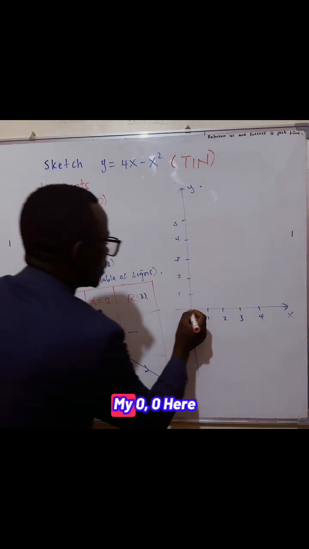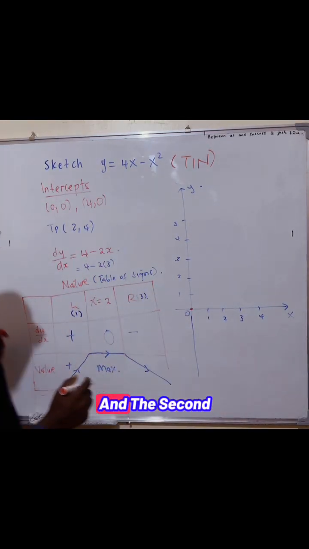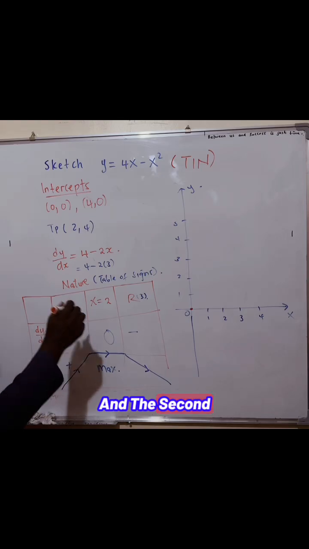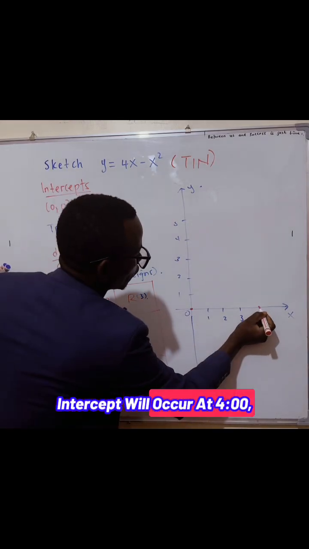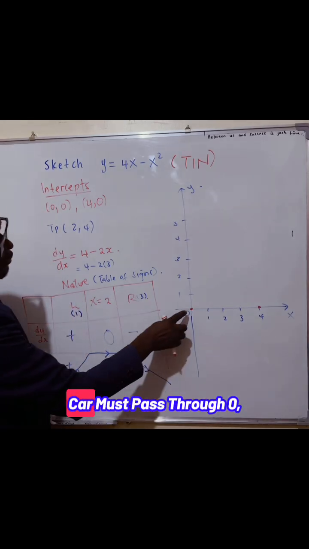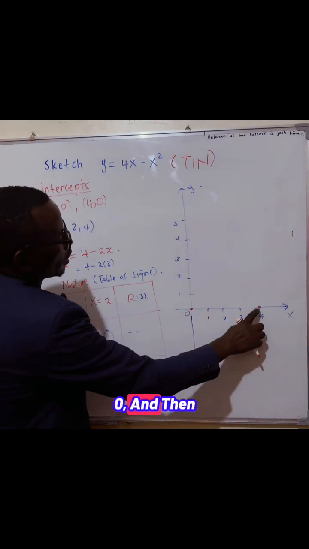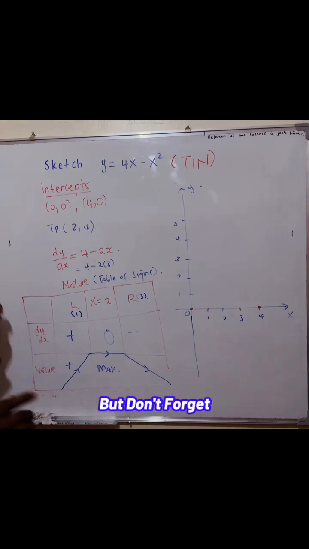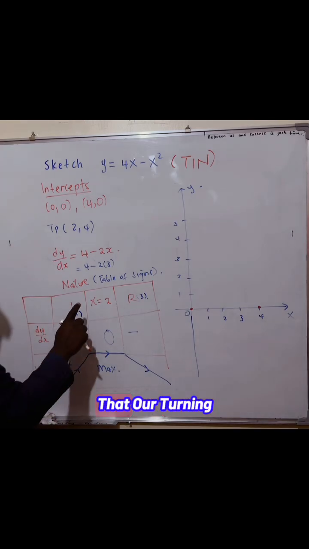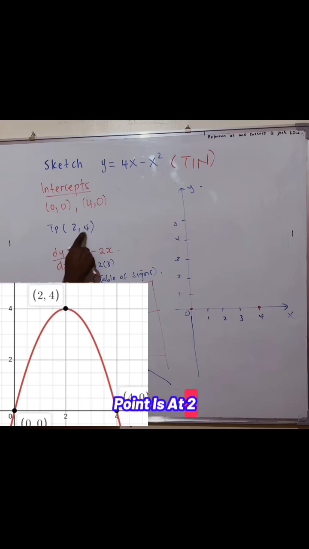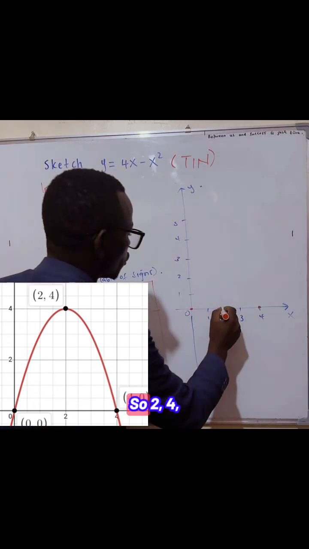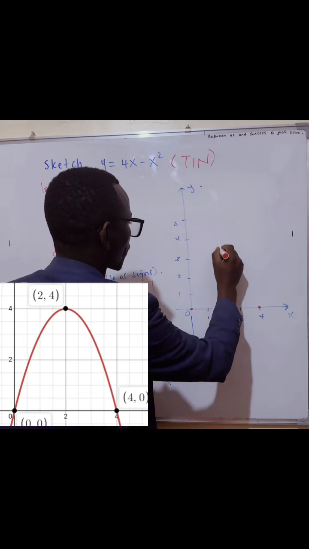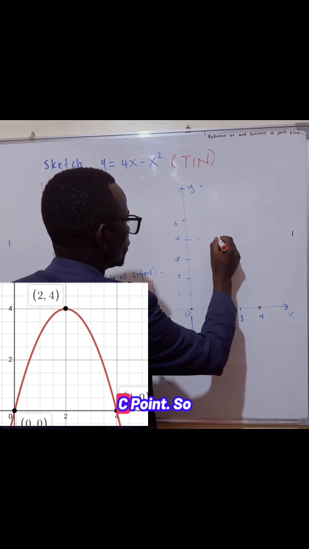So I put my (0, 0) here. And the second intercept will occur at (4, 0), meaning that the curve must pass through (0, 0) and then (4, 0). But don't forget that our turning point is at (2, 4). So (2, 4), it is this point.